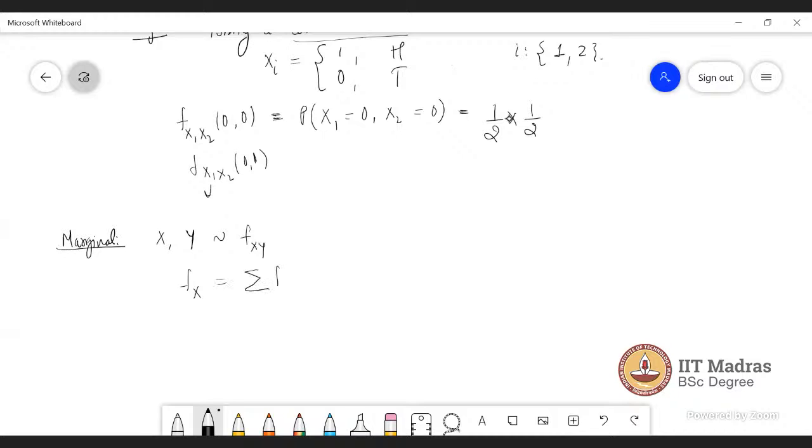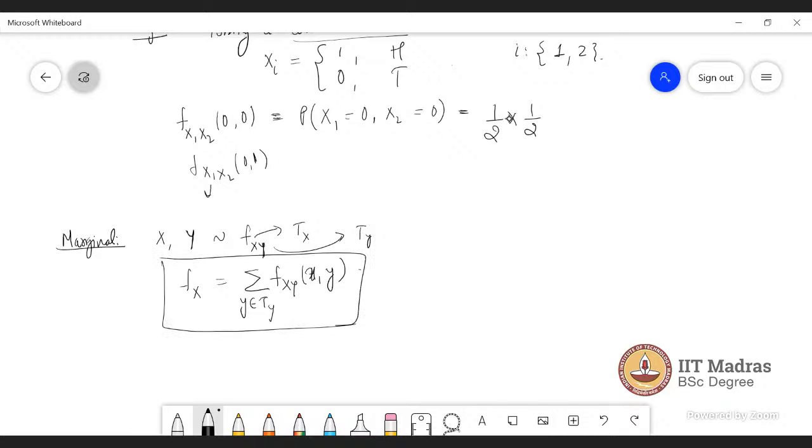So you write f_{XY}(x, y) and sum it over all the values that y is taking. If x has the range T_x and y has the range T_y, this is y belonging to T_y. So you sum it over the range of y.